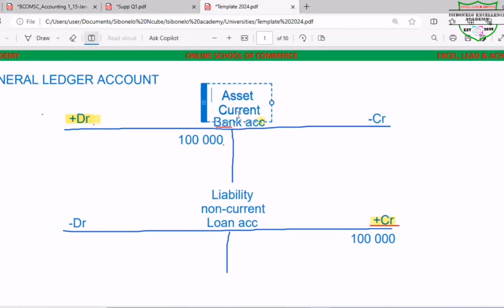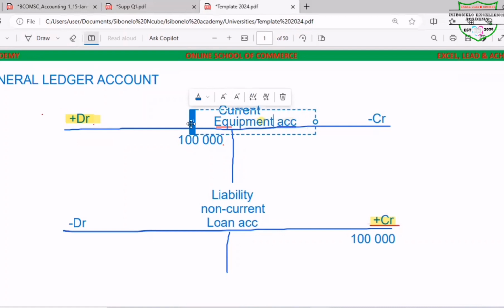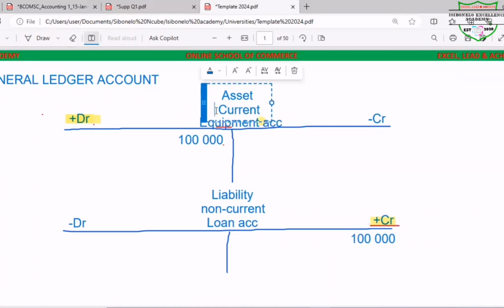So now we're going to change here. The account that is affected is equipment. We have acquired the new equipment, and we already know the story of equipment. Equipment is a long-term asset, so it is classified as non-current assets.